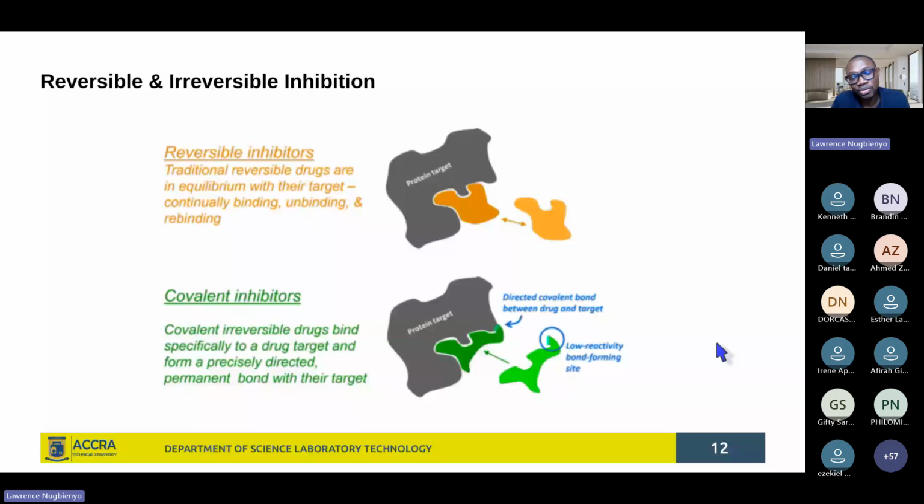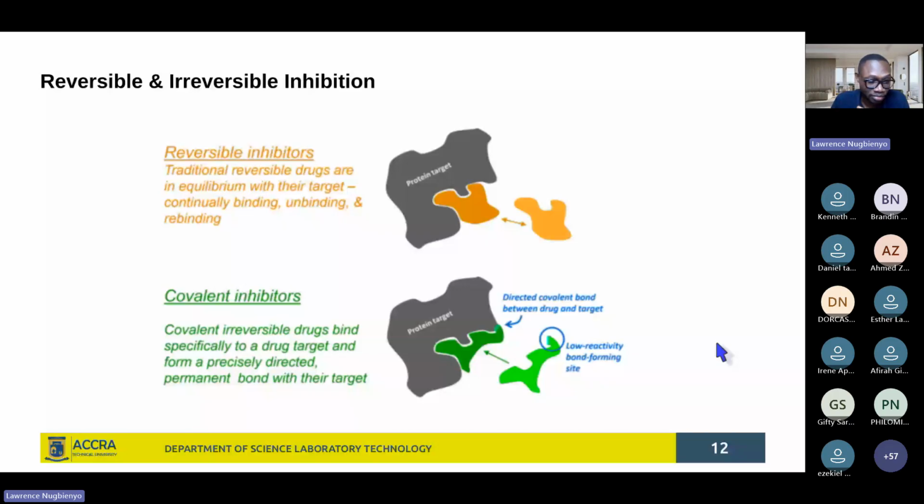So you have some reversible, you have some irreversible inhibitors, which is when they bind to the enzyme, they bind with some covalent bonding or some very strong bonds that are permanent. They no longer get dissociated, and so there is permanent damage done.